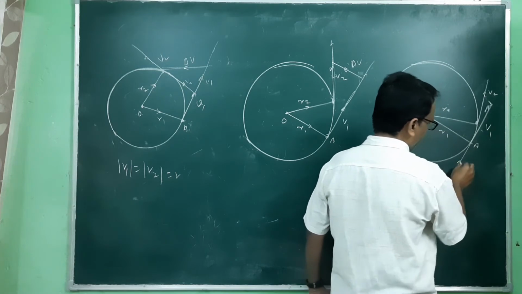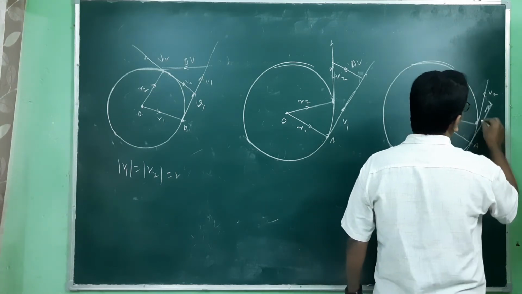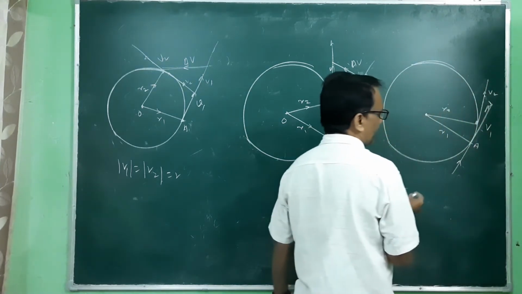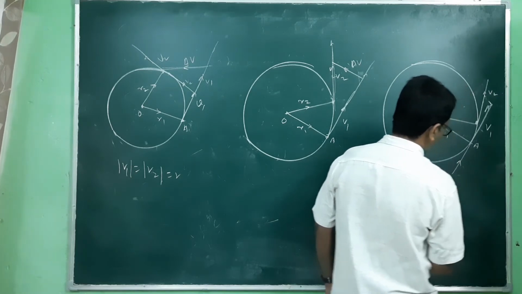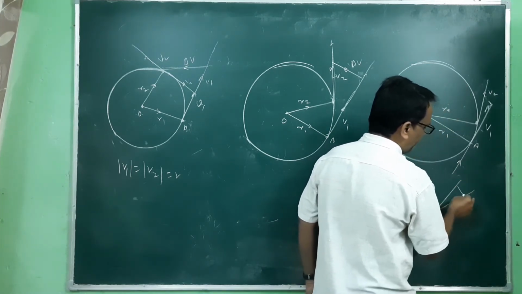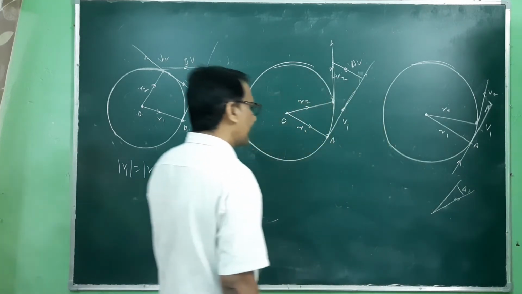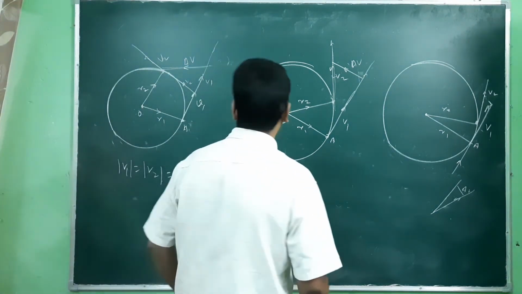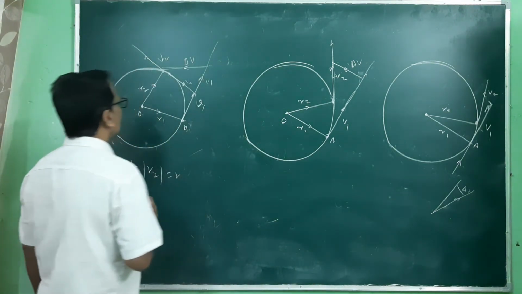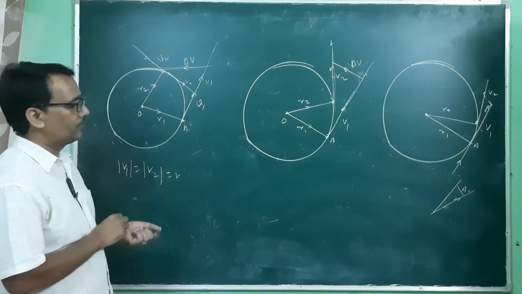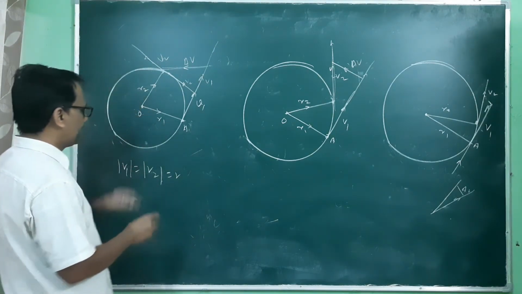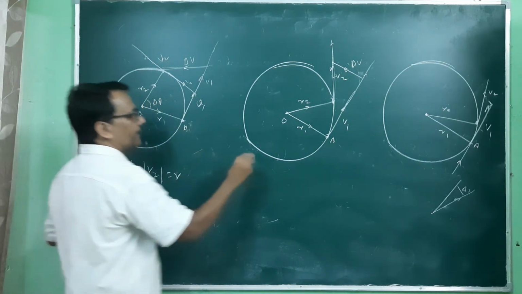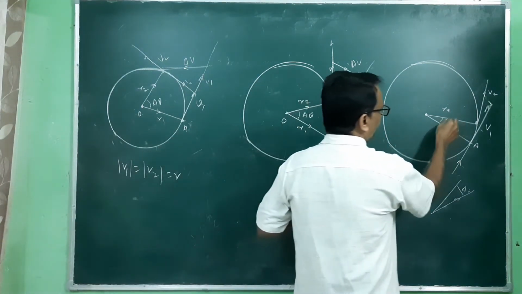So I should write this is delta V, and the resultant is very small, and this is how I should represent this. So this is one vector, this is another vector, and this is delta V. So one can write here this magnitude of this R1 and R2, this is taken as R, and this is the delta theta, and this is the delta theta.